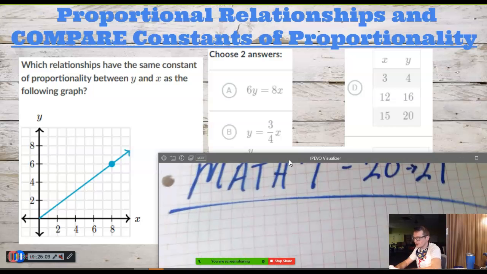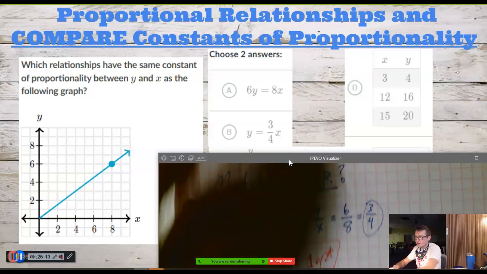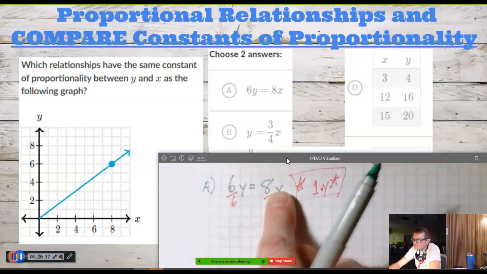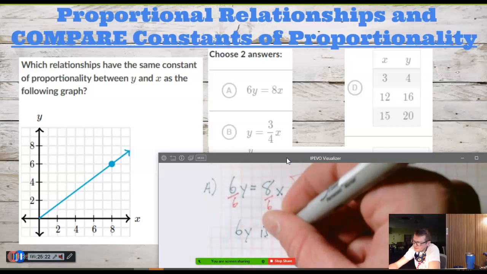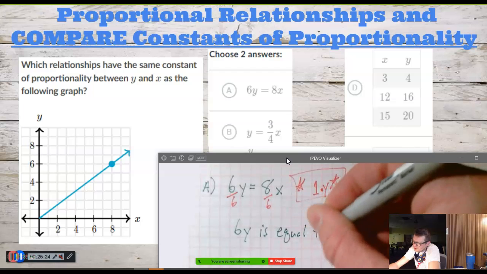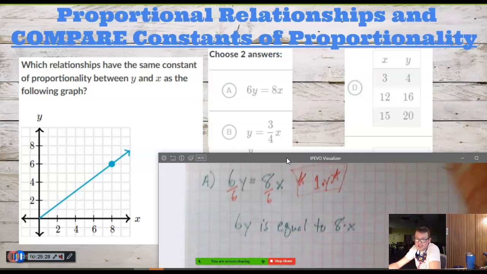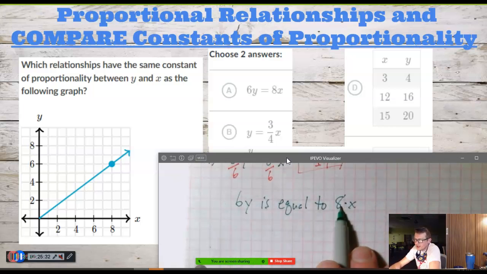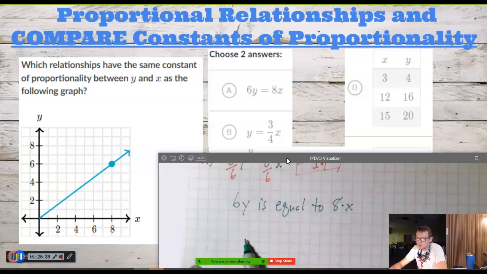Thank you very much for asking that question. In multiple choice option A, they give us this equation that says 6y is equal to 8 times x. Now that's very confusing because that says 6 times some value of y is equal to 8 times some value of x. So I don't know what to make of that, and that doesn't really help me very much.